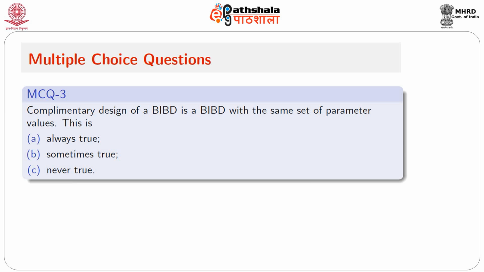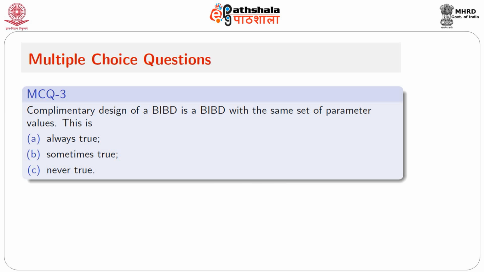The complementary design is a BIBD with the same set of parameters, which necessarily means k equal to v minus k. So v has got to be equal to 2k. That is a condition that is needed for the BIBD. So this cannot be always true because you don't necessarily have v equal to 2k. It can be sometimes true depending on whether v equal to 2k or not.